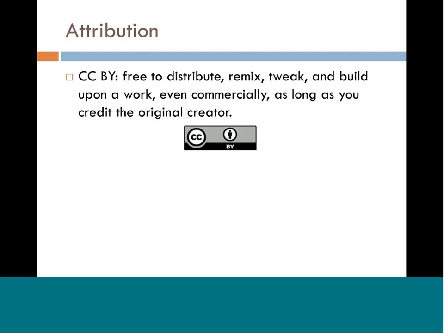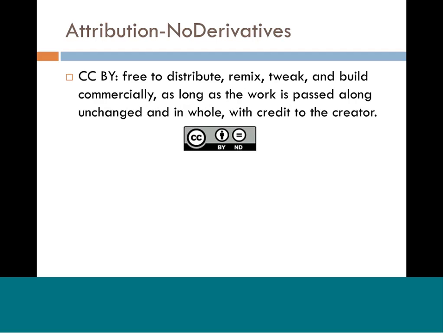So you might find a lecture that you'd like to incorporate into your own online course. You can literally copy that content and paste it into your course, change it in any way, as long as you are crediting the original creator of that work.